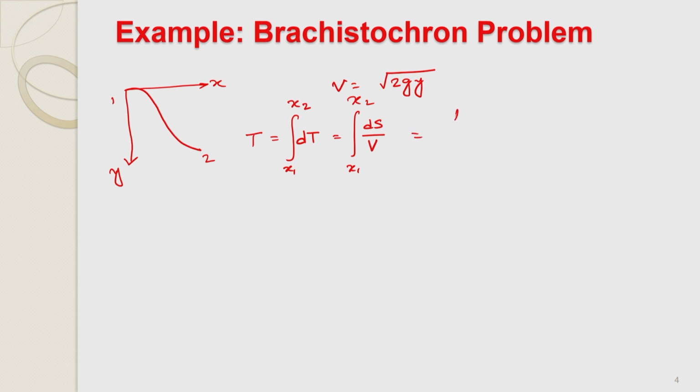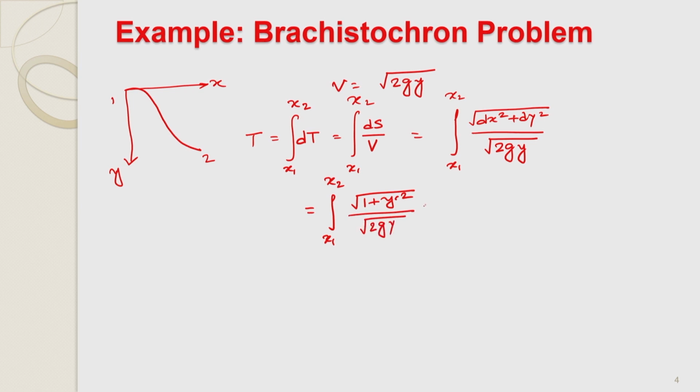Now, ds can be written in terms of dx and dy, and our v is root over 2gy. Now, we want to find the path.